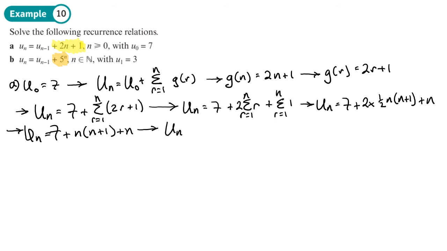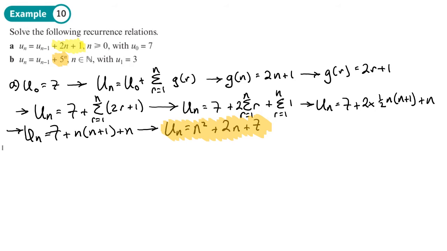It looks like it's going to be a quadratic, so un equals n squared from multiplying this out, then we'll have n from here plus the other n, so plus 2n, and then plus the 7, so we can write our answer in this form. So part A, this recurrence relation produces a quadratic sequence, which we can see here.